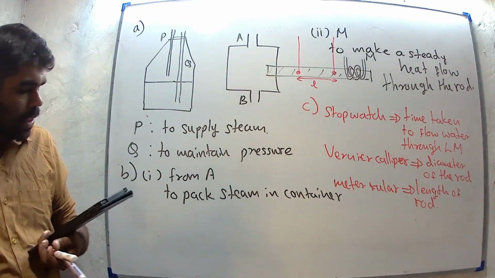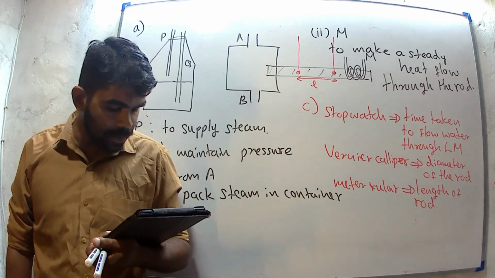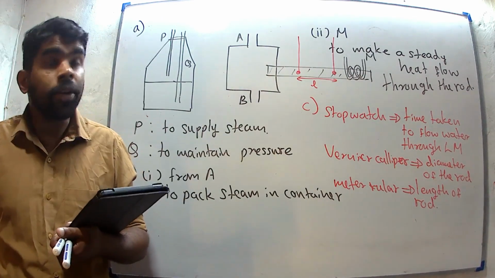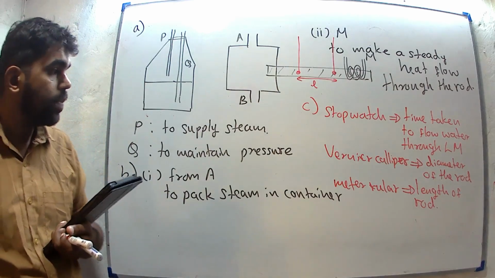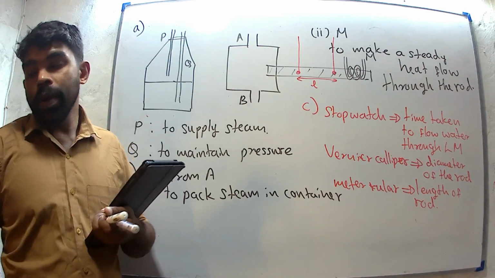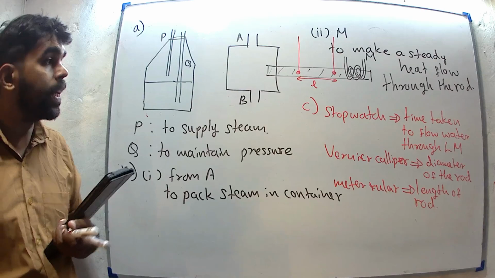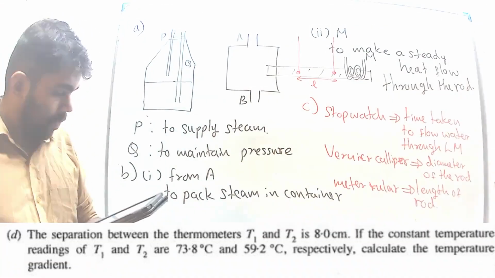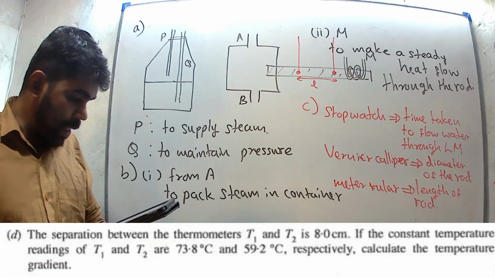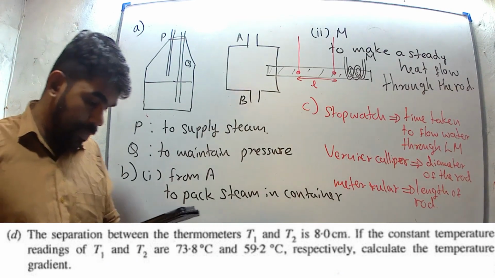You have to write only 3 instruments, but if you have written electronic balance, it is also correct. We can use the electronic balance to measure the mass of water collected in steady condition. Then part D: the separation between thermometers T1 and T2 is 8 centimeters.